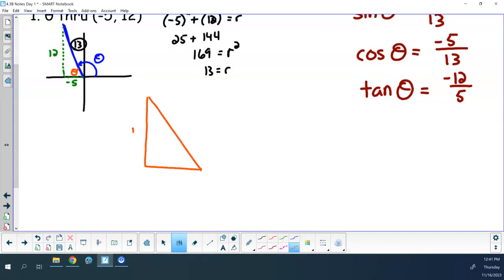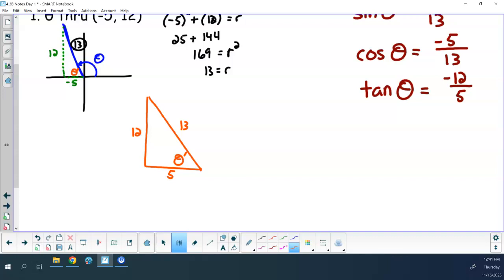That triangle had 12 there, it had 5 there, and it had 13 there, and theta prime was right there. I have to find the reference angle in order to find actual angle.